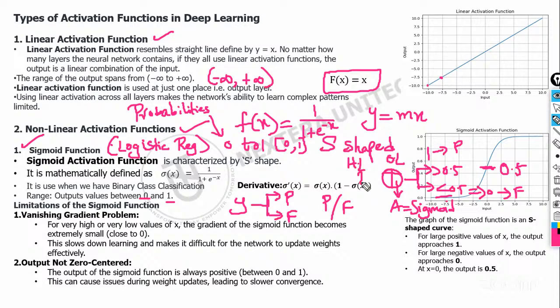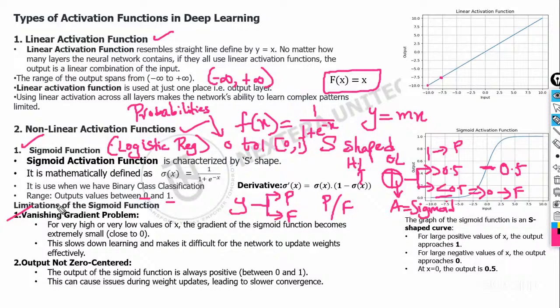Is it the right approach? No, friends. It is not recommended. The reason is the sigmoid function has some challenges, some limitations. What are the limitations? It suffers from the vanishing gradient problem.